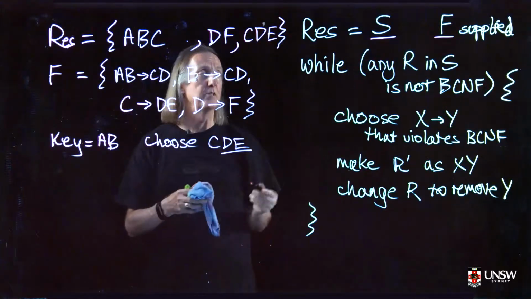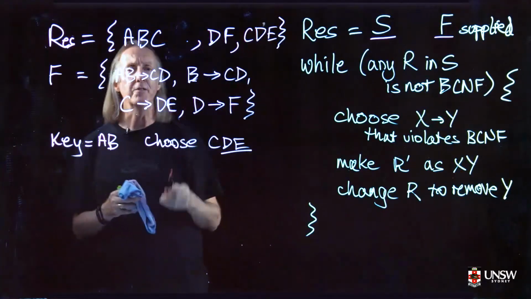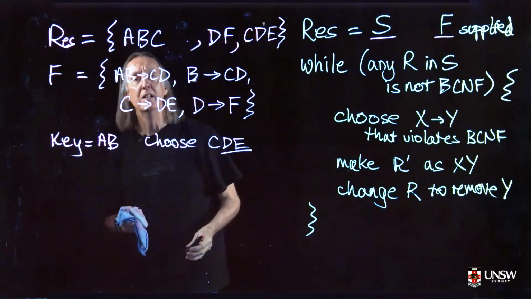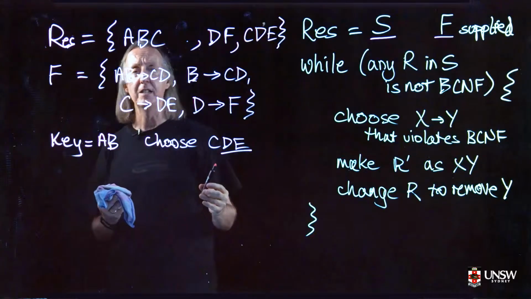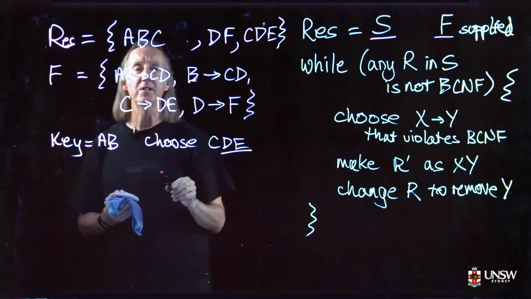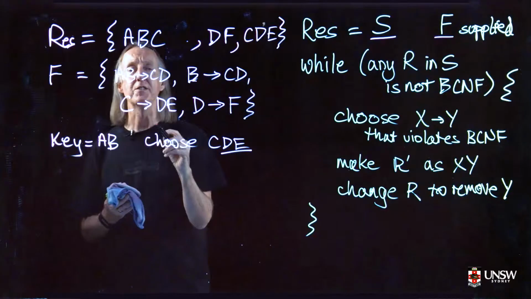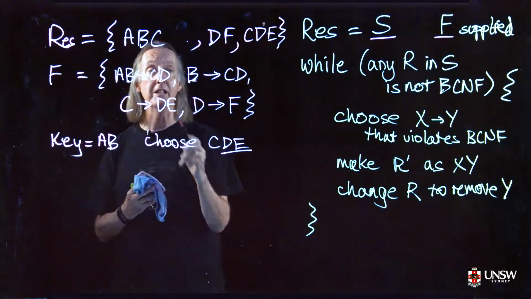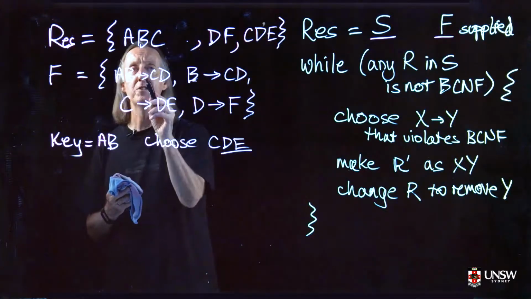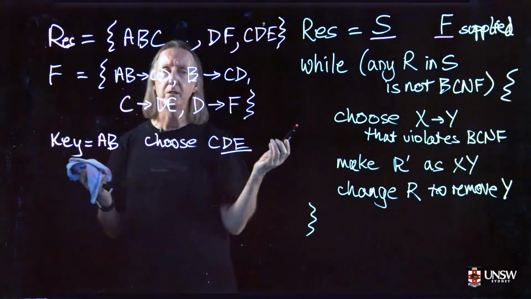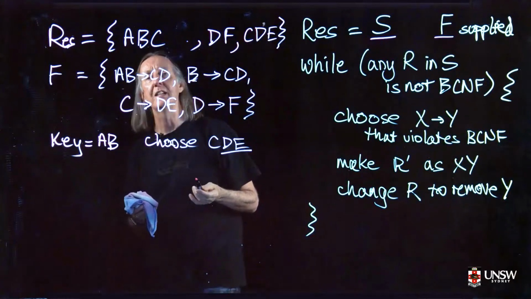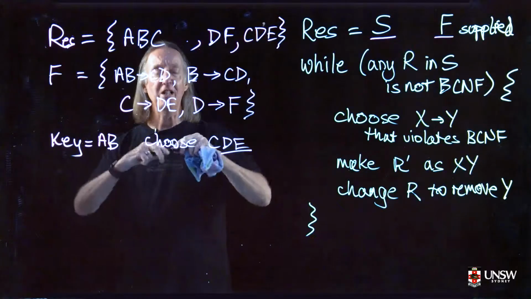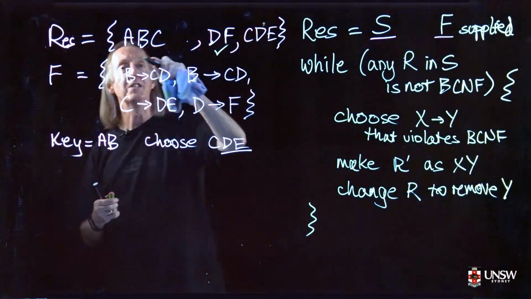So round the loop again. Let's see if we can find a relation in the current schema that isn't in BCNF. Now, ABC, remember that we can rewrite this dependency as AB determines C, AB determines D. If we do that, this dependency is relevant to this table. It's the only dependency that's relevant to that table, and therefore, if we want to start giving things ticks, we already knew that was in BCNF.